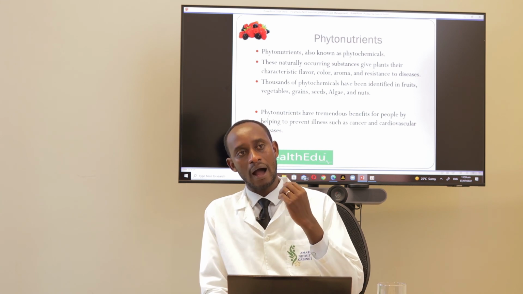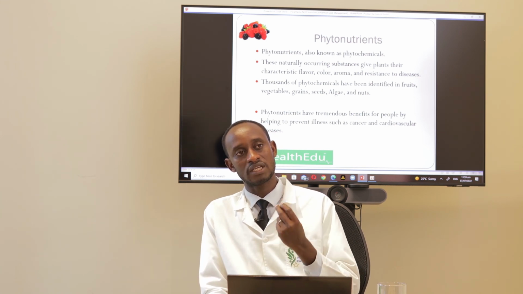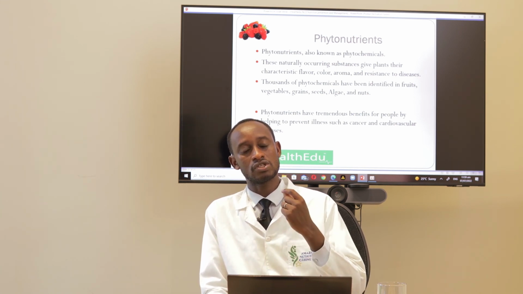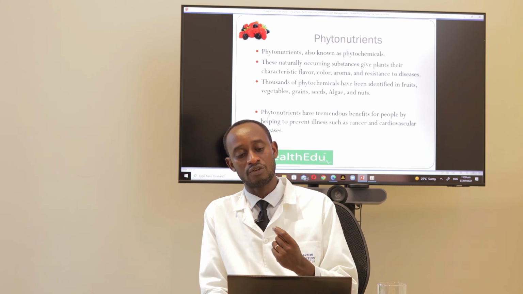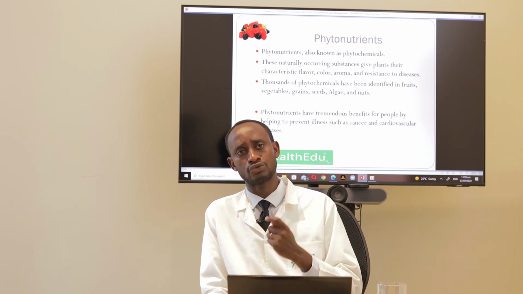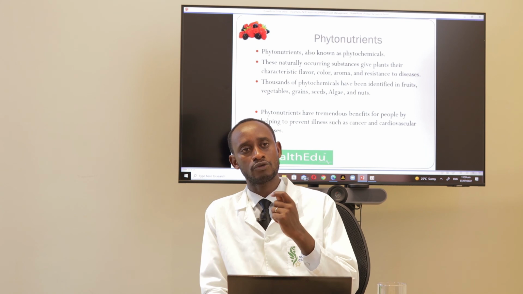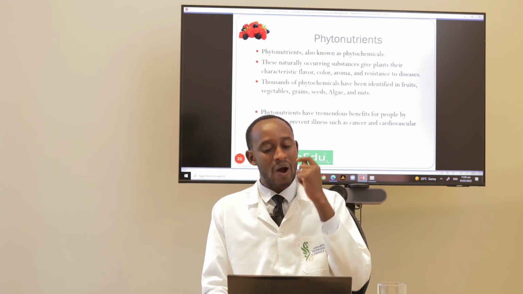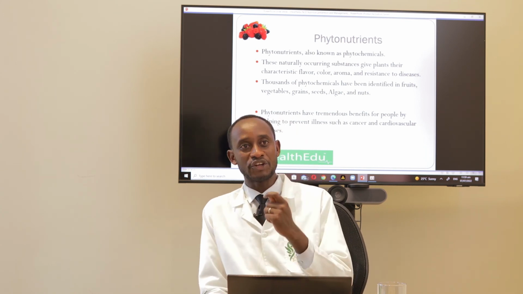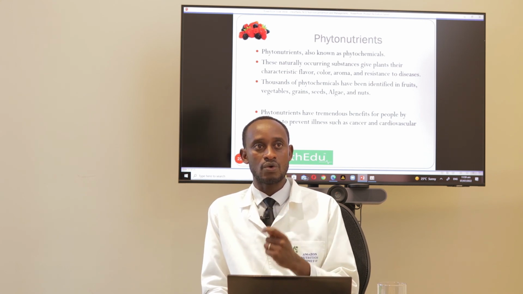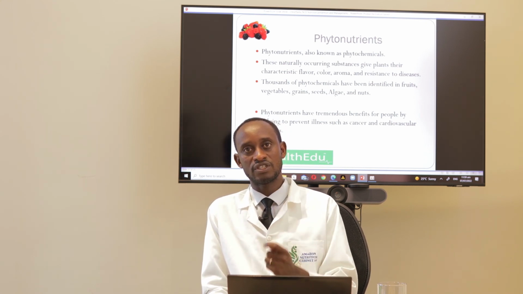When I was presenting the nutrition for diabetes, the nutritional management and prevention of cardiovascular disease, I mentioned the food. I mentioned the colors in food. When you lose a color in food, you are losing the vitamins.